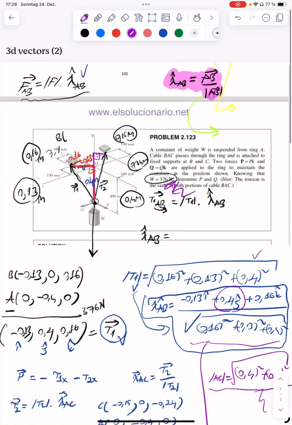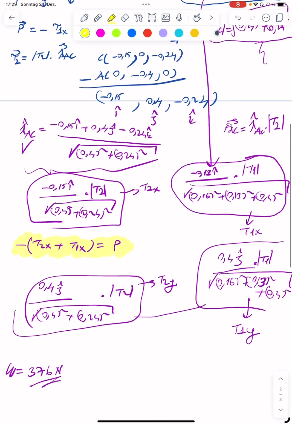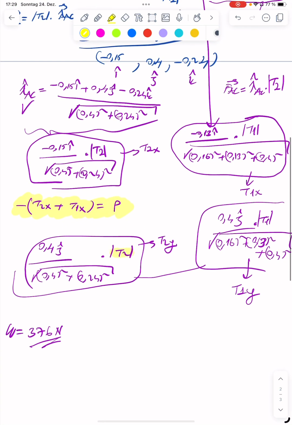Also we missed that the tension is the same in both portions of cable BAC. So the magnitude of T2 and the magnitude of T1 are equal.